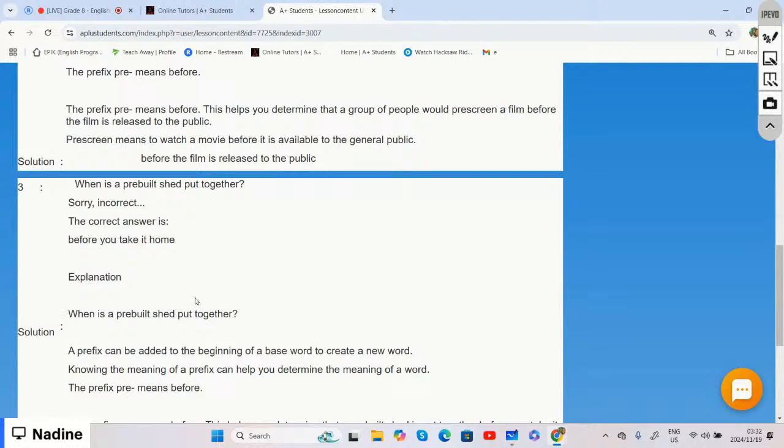And the last one before we go on to our test. When is a pre-built shed put together? So when is a pre-built shed put together?